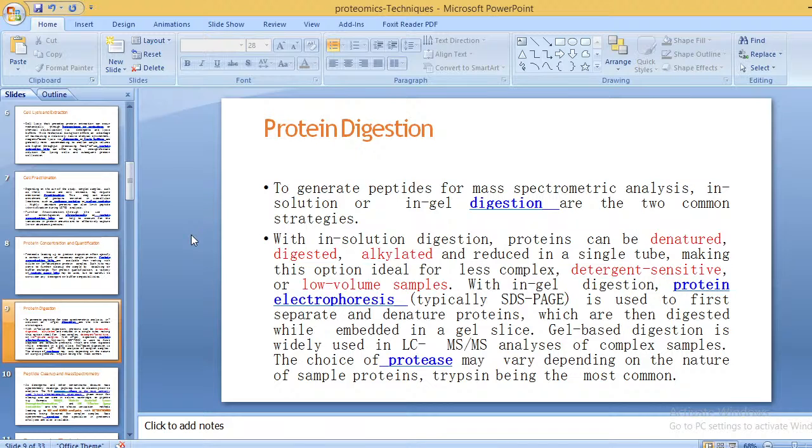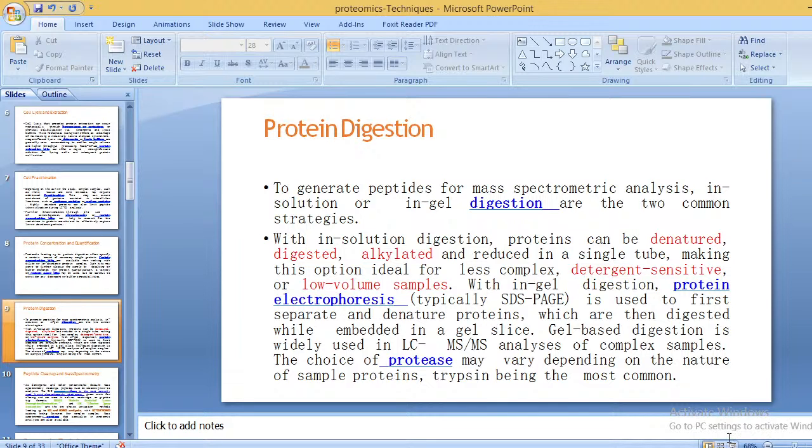Protein digestion to generate peptides for mass spectrometric analysis: in solution or in gel digestion are the two common strategies. With in solution digestion, proteins can be denatured, reduced, alkylated, and digested in a single tube, making this an optimal idea for less complex, detergent sensitive, or low volume samples.